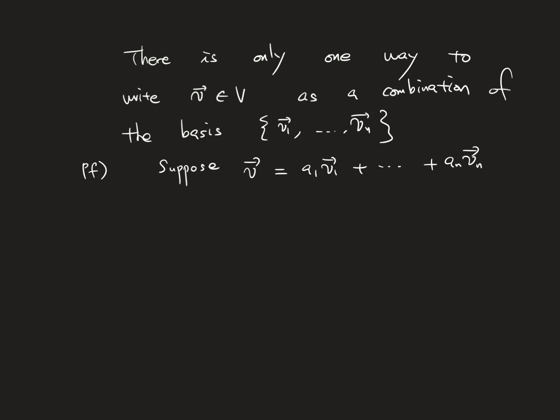And we assume that there is one more linear combination, because we're going to prove the uniqueness. So there is only one way. That means this is the uniqueness theorem.